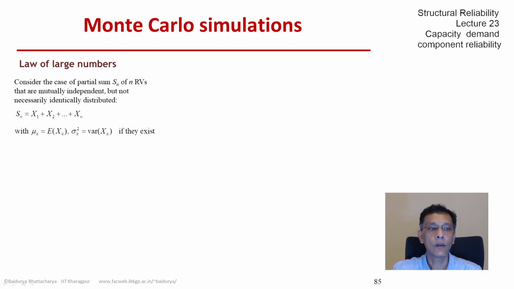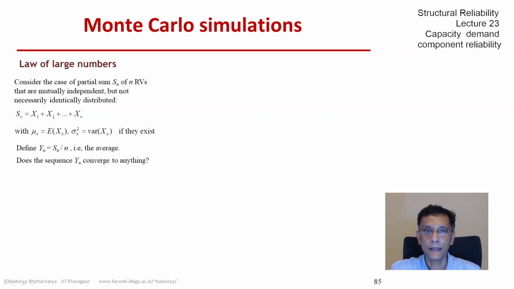can invoke the law of large numbers, and this is something we discussed when we were discussing joint distributions. Again, in part A of this course, if you wish, please go back to those lectures and those slides. To summarize, we have the sum of a large number of independent random variables, not necessarily identically distributed, but what does the average converge to?